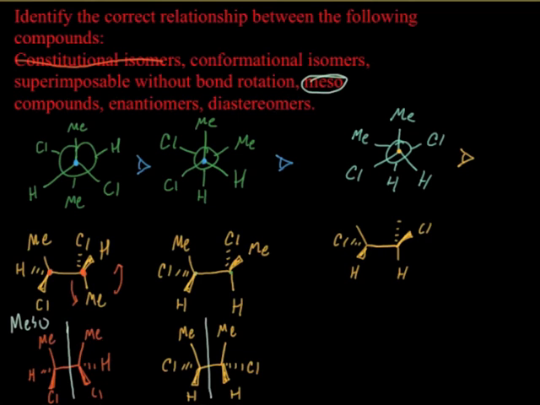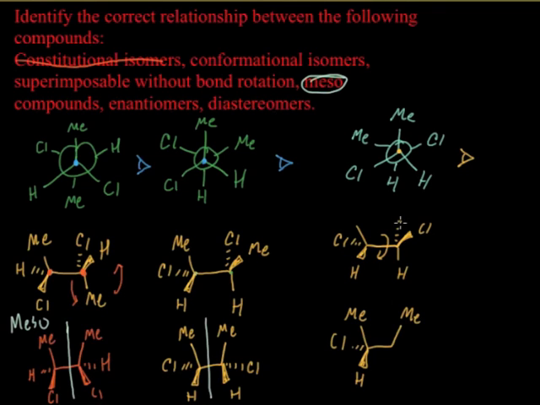But let's see what happens whenever I rotate around the bond. So this side stayed the same. Okay, I'm going to rotate so that the methyl group is up. So here's my two methyls.